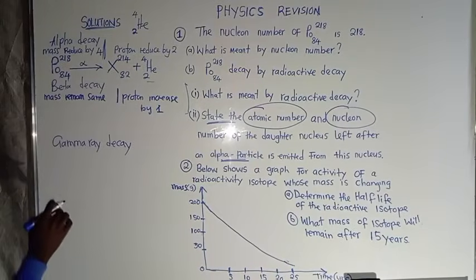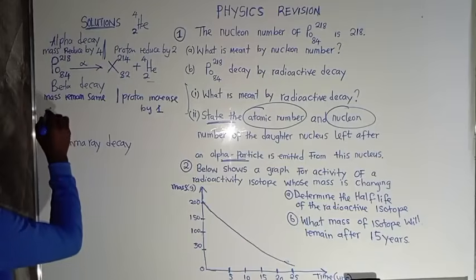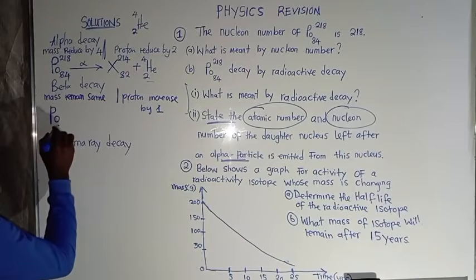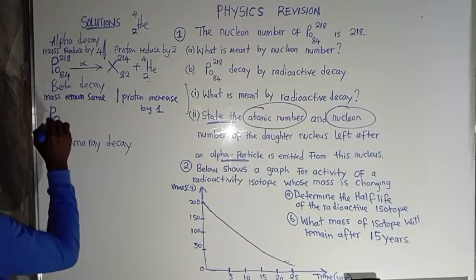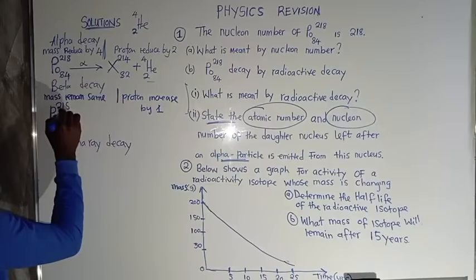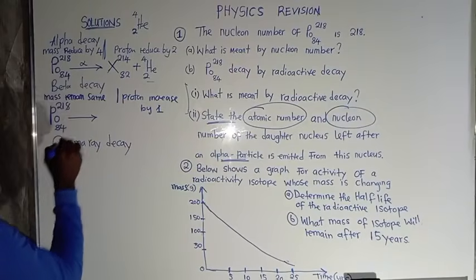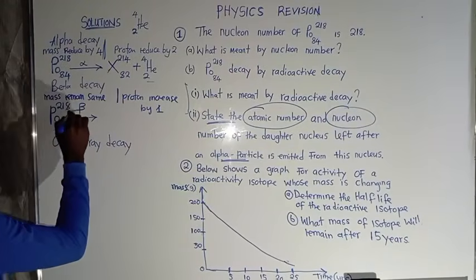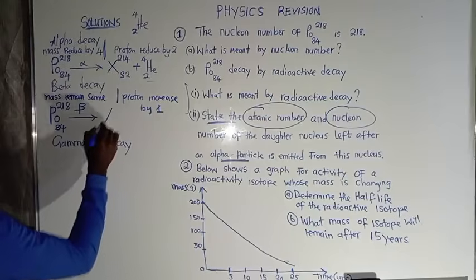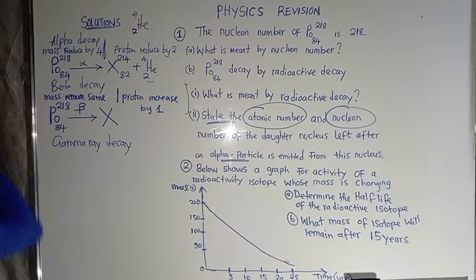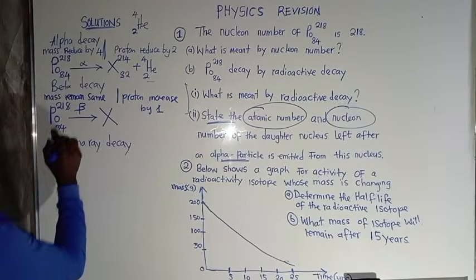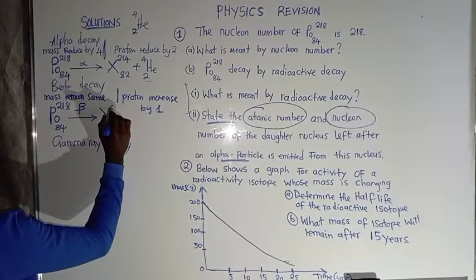So if this was to undergo beta decay, it means that we are going to have PO 84 there and 218 there. If it emits a beta particle, you put a symbol for beta like that. Then an element which is formed here, we don't know it, you just put X. The mass number remains the same, 218.